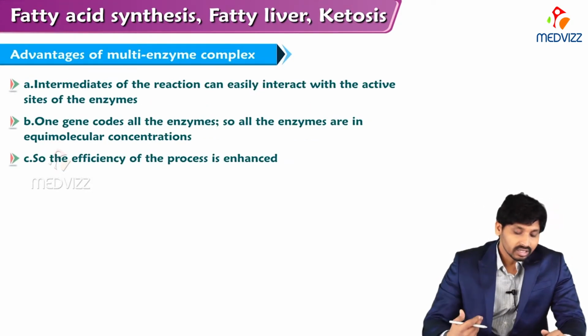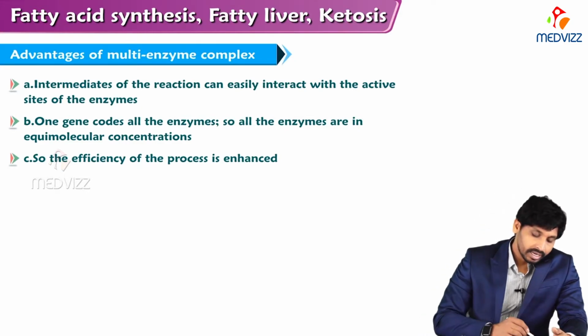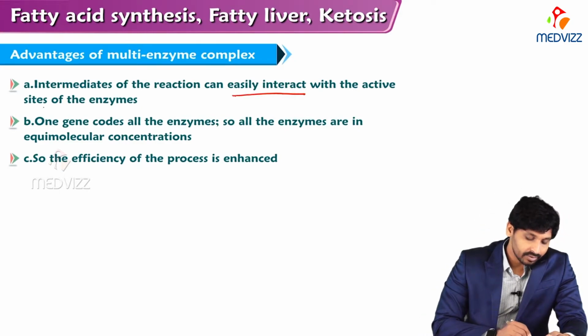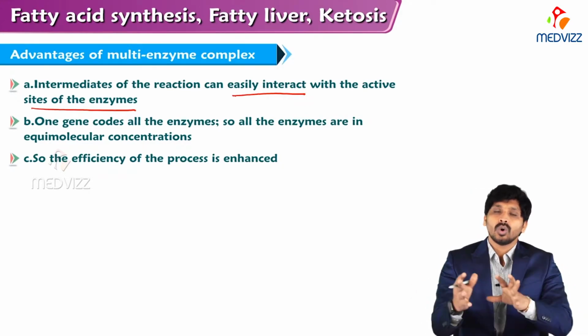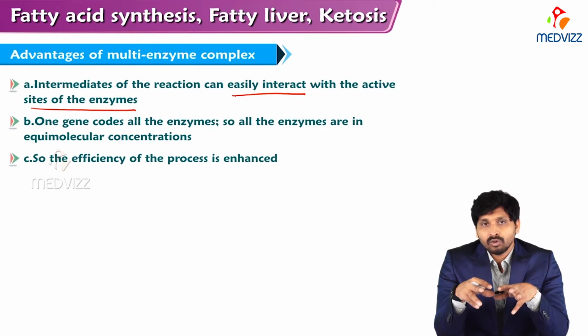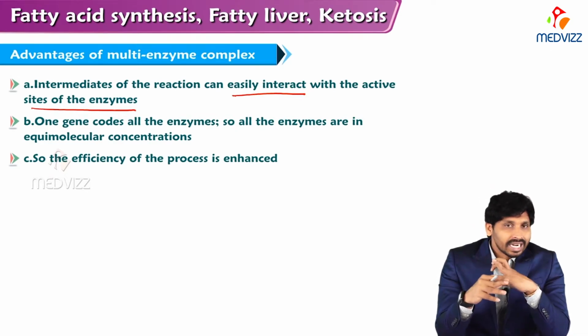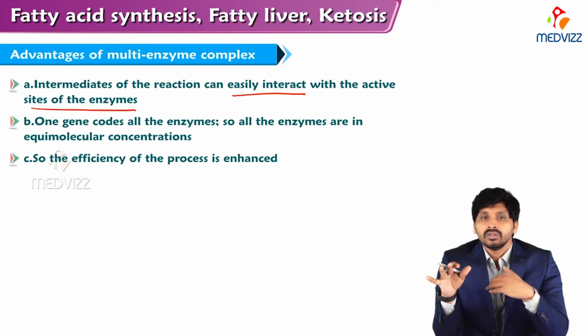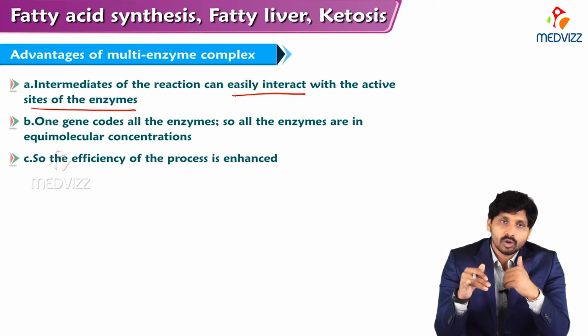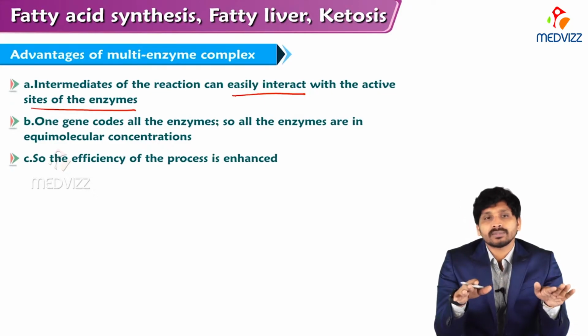So what are the advantages of a multi-enzyme complex? Intermediates of the reaction can easily interact with the active site of the enzyme, so there is no need to go from here to another place. Once the substrate has come to the enzyme complex, it will react with the enzymes step by step, and then finally the product will be released. Once it has entered the multi-enzyme complex, it will not leave until the product has been formed.